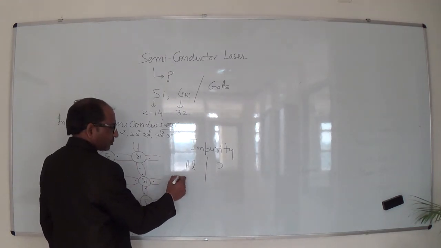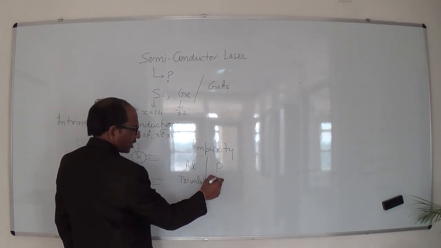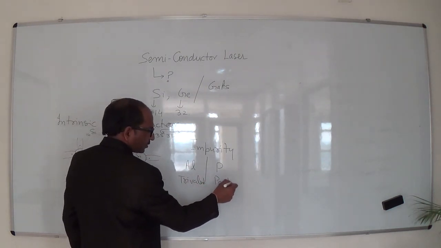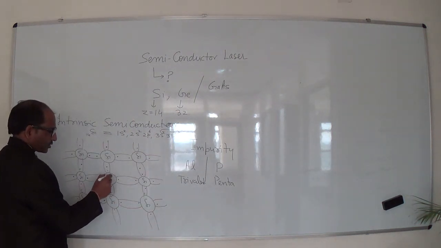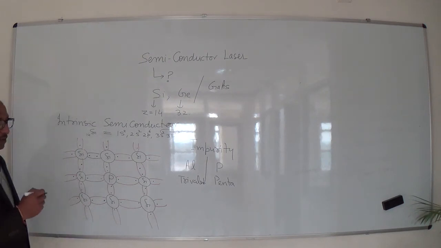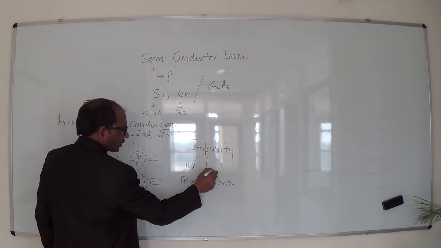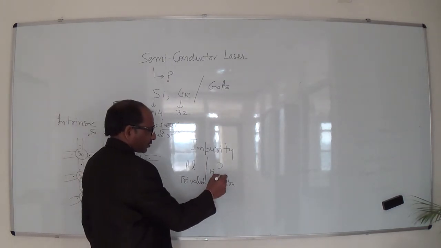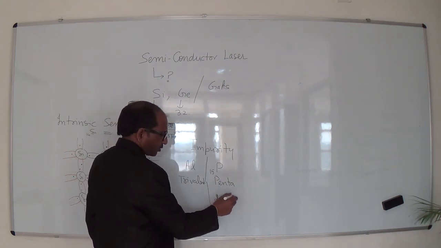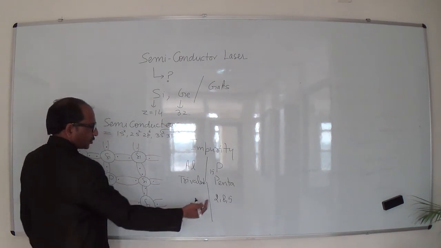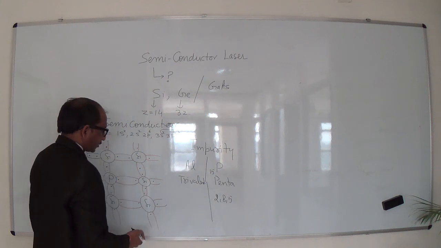So aluminium is a trivalent impurity and phosphorus is a pentavalent impurity. When I add phosphorus, a pentavalent impurity with atomic number 15, the electronic configuration will be 2, 8, 5. So in the third shell, the M shell, it has 5 electrons.